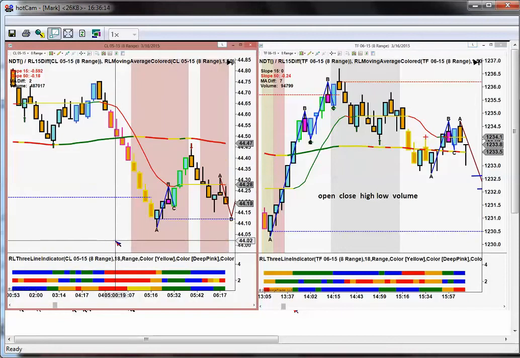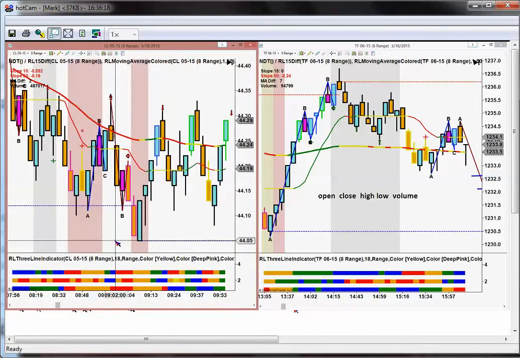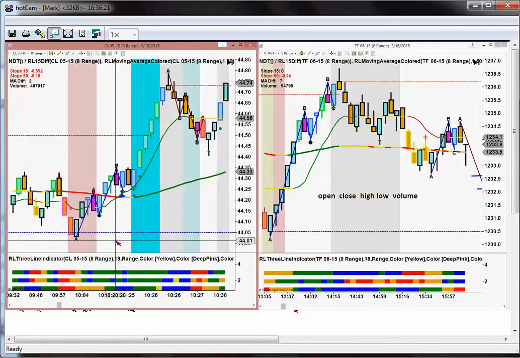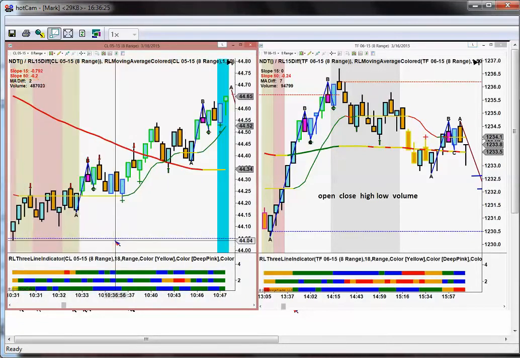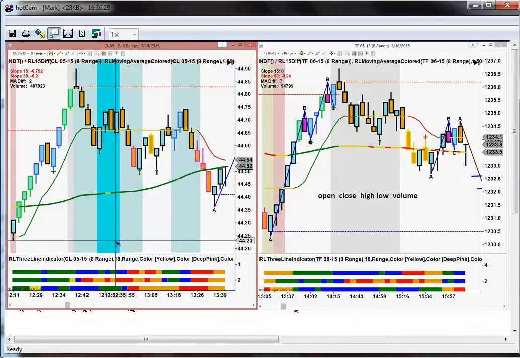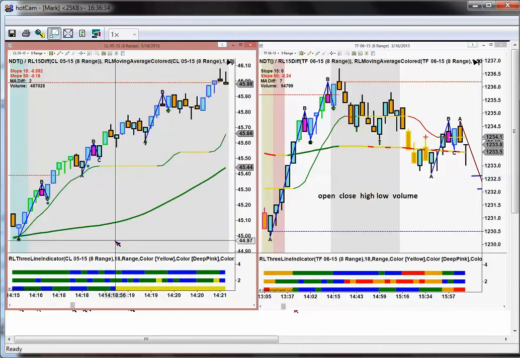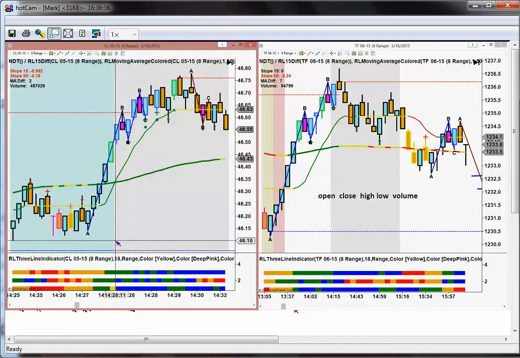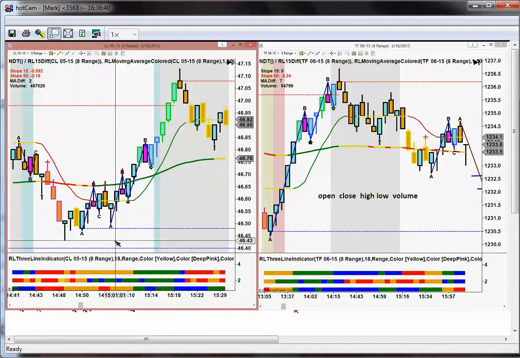And everybody likes to talk to you about their indicators, but the indicators are of limited value if they're not taken in the context of market structure. And market structure, again, is defined by the candlesticks. So let me just roll over here to all the things that I have marked out to show you.